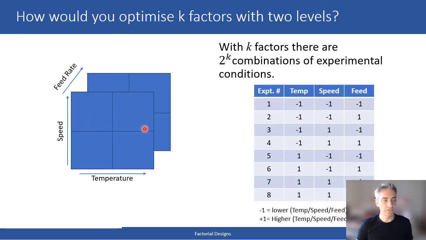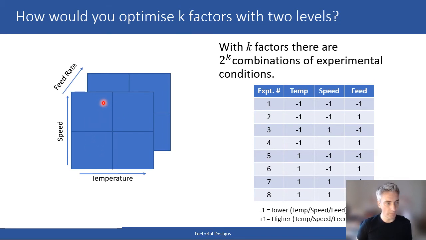So in the previous example, we imagined the effect of speed and temperature on the quality, or roughness, of a 3D print. And we analyzed the quality at each combination of speed and temperature. Because there are two factors, we had four possible experiments that we would need to do, four different prints that we would need to make and then evaluate the quality of the surface finish.